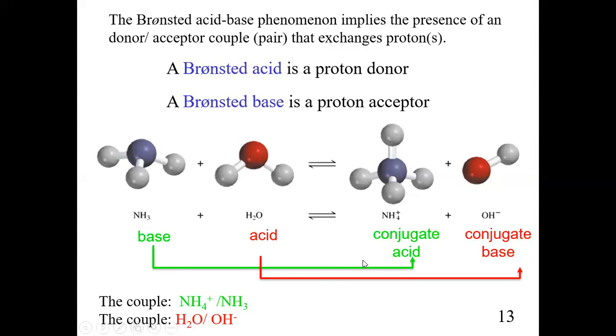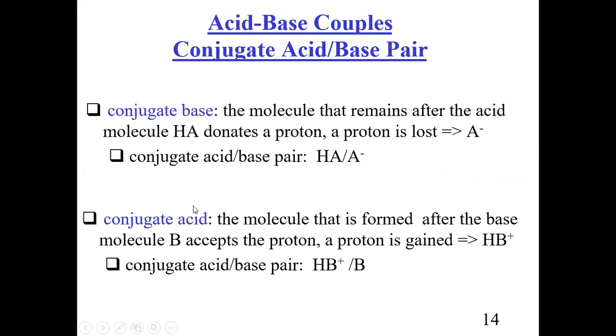Now, if you just look at the couple itself, you could always recognize who's the acid and who's the base. The one that has more protons is the acid. The one that has fewer protons is your base. So you always put acid, base, and that's my couple. Everything else is the same; the only difference between them is that proton. So you always have a couple, or a conjugate acid-base pair.